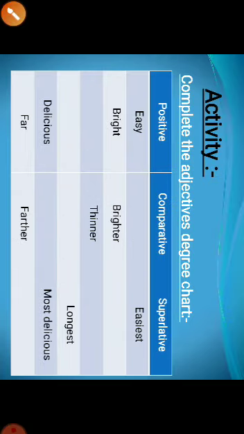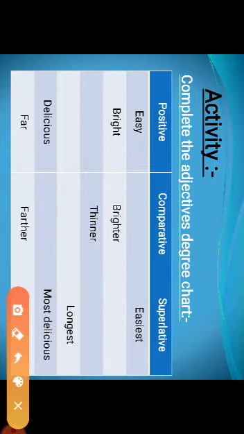Now here I have given one activity. Now let me check how much you have understood. As you can see, this table is incomplete. Okay, some words are given and some words are missing. So you have to find out the comparative degree, superlative degree and the positive degrees of these words.